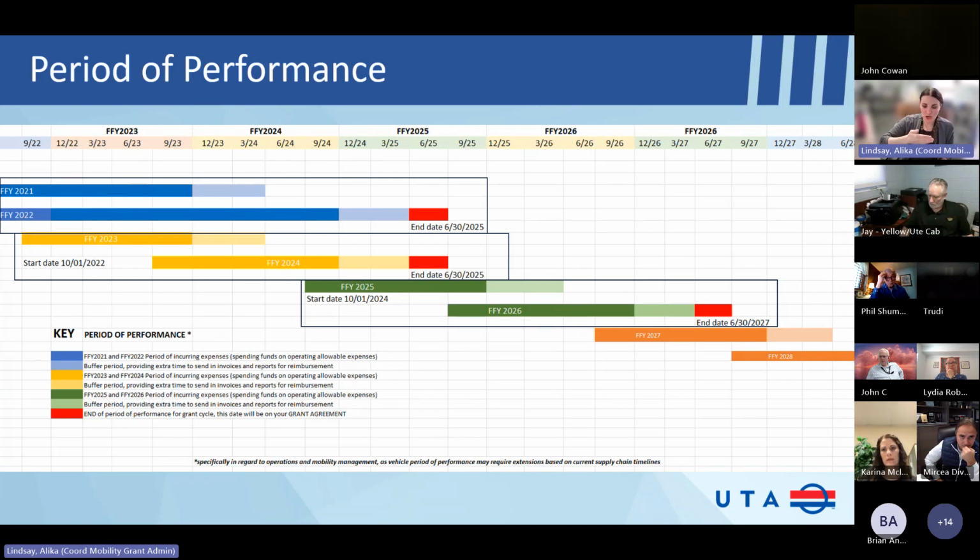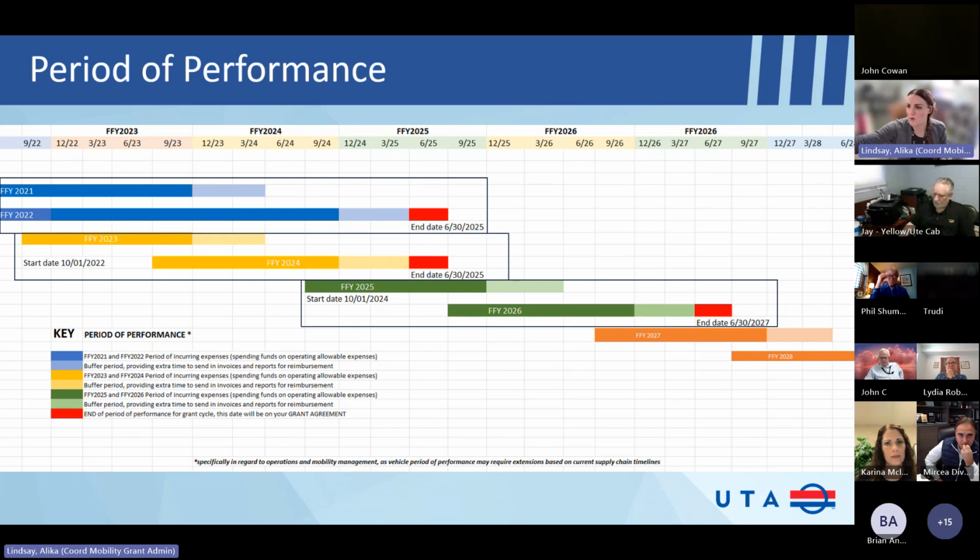So we're trying to get back on track. So you'll see, up top, this line up here where it has the different dates. I tried to do it by quarter. So there's 4 quarters in each one.